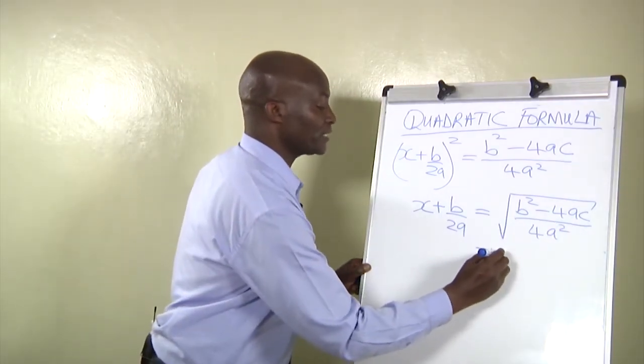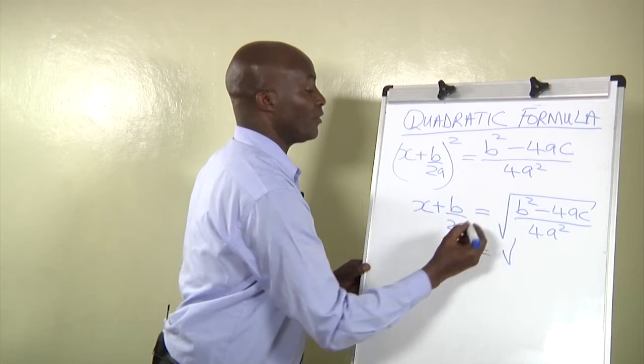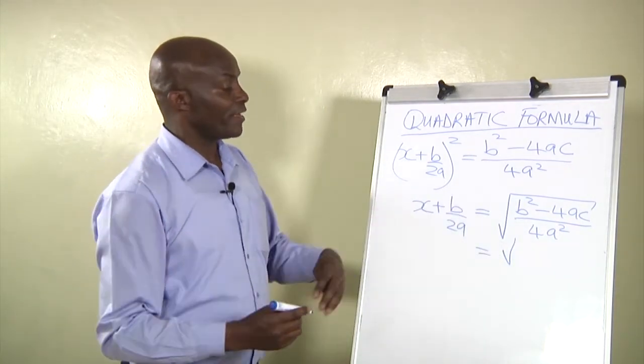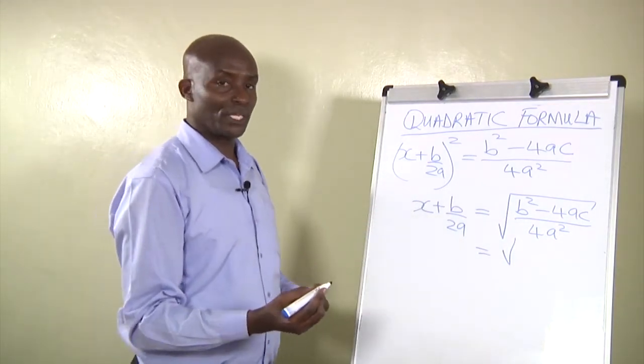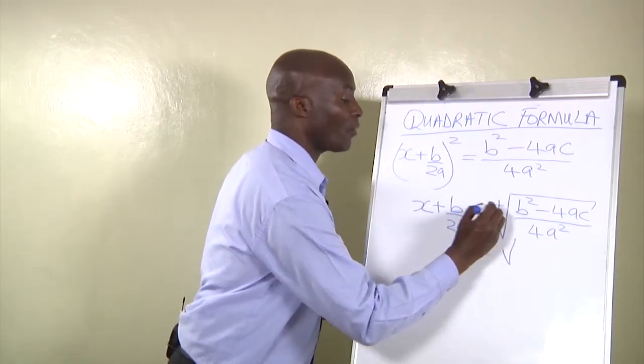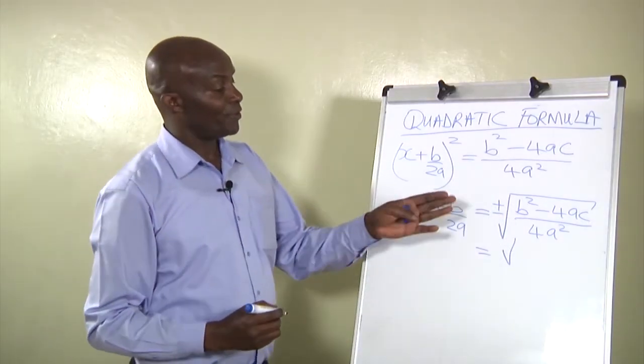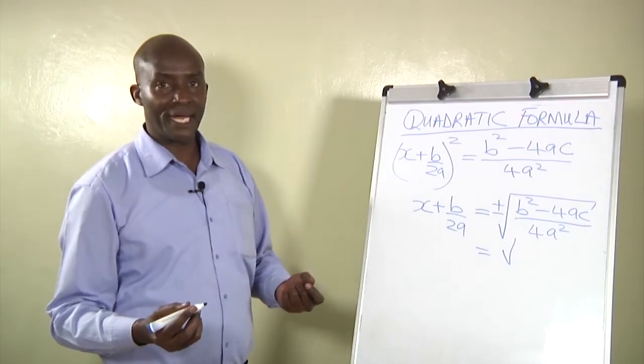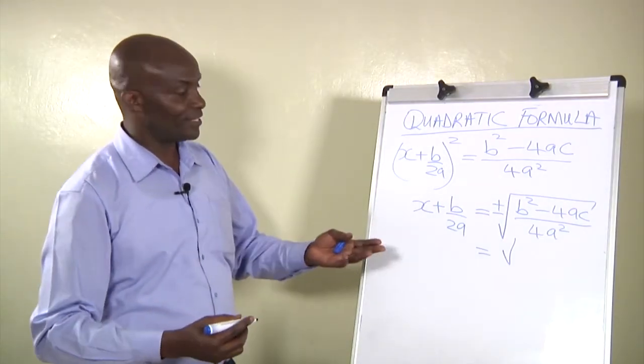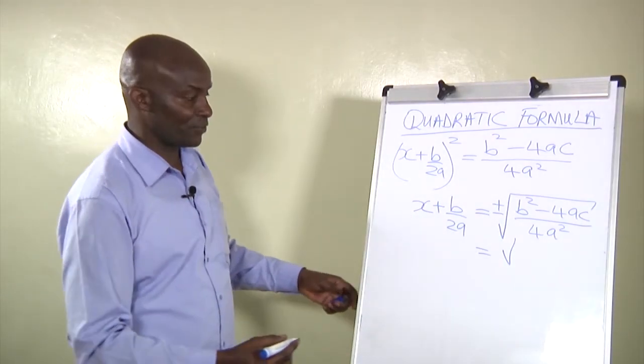Sorry, I forgot, whenever you take a square root, you have to say plus or minus, because when you square a negative number, it gives you the same answer as a positive number.